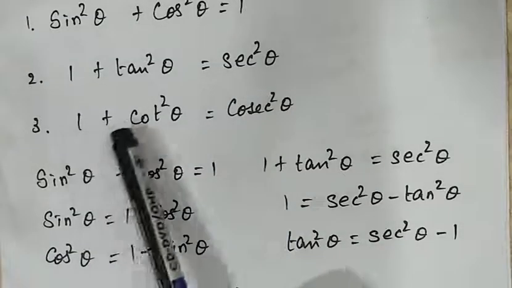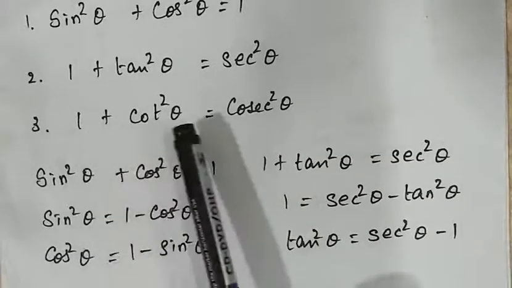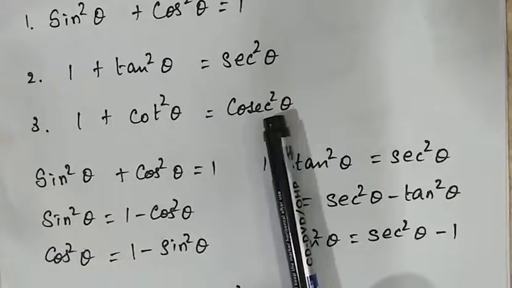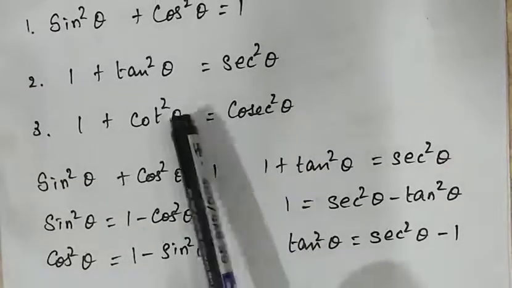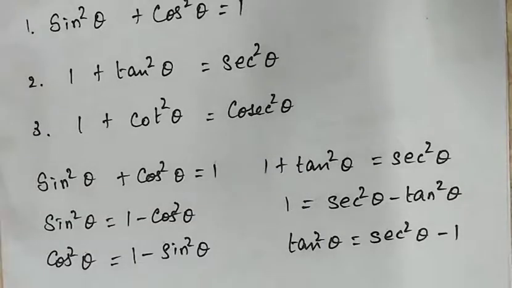Same way, from 1 plus cot squared theta equal to cosecant squared theta, 1 is equal to cosecant squared theta minus cot squared theta, and cot squared theta is equal to cosecant squared theta minus 1. So it depends upon the sum. We can write all this and we can prove left hand side is equal to right hand side. Clear?